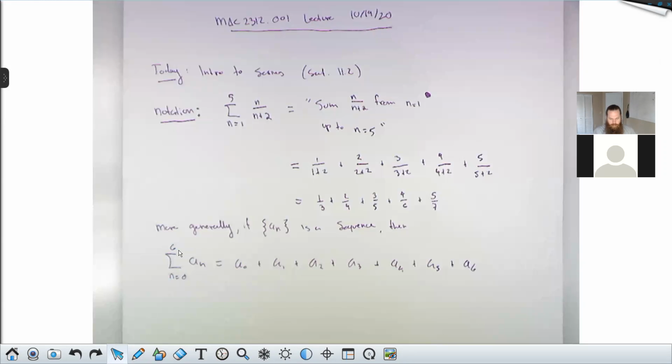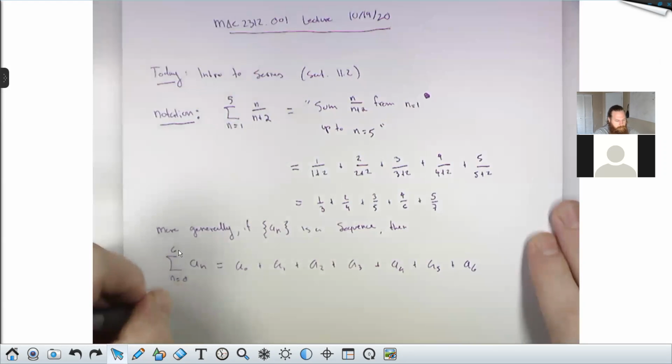The sort of sums we're interested in this class are not finite. So everything I've written on the page so far are finite series, finite sums. In this class, we're interested in infinite sums.